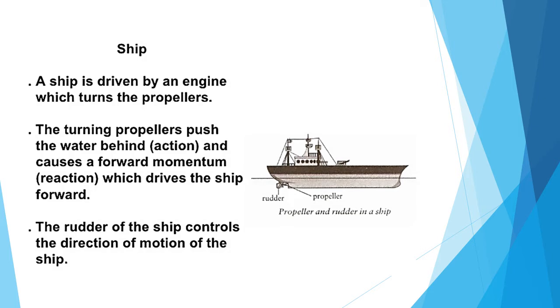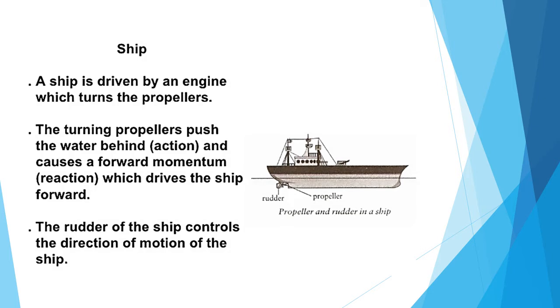So in this vehicle, the ship, they are using the principle of momentum, the second principle, about action and reaction. And the rudder of the ship controls the direction of the motion of the ship.